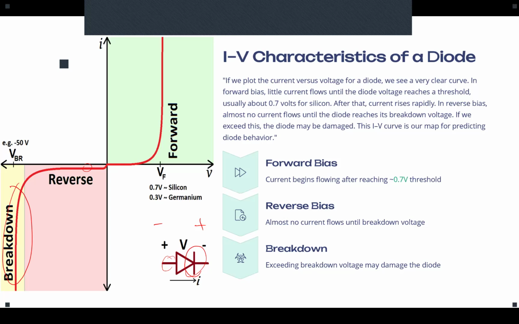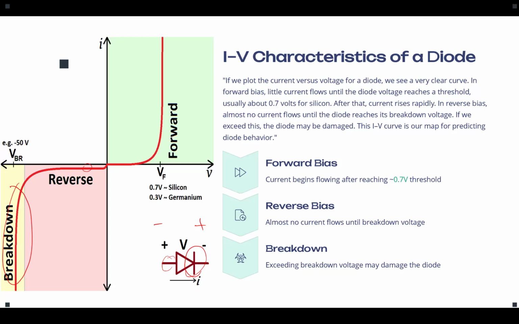What is that? Now, the diode is not just a mathematical function or a drawing on a schematic. It's a physical component. So there is a limit of tolerance when it comes to voltage and current. It's not like you can apply any level of voltage that you want and go to minus infinity in a reverse bias.